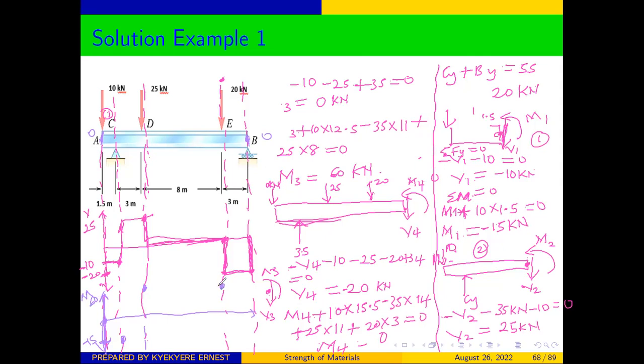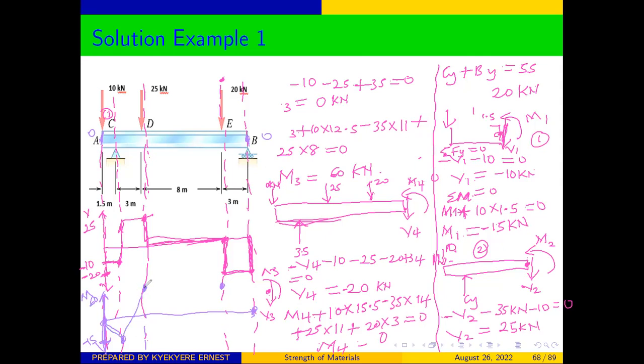And on the last side, the moment goes to 0. So on the last point, the moment goes to 0. Therefore, drawing the diagram, we start from 0 and end at 0. So starting from 0 to this point, we move through to this point.